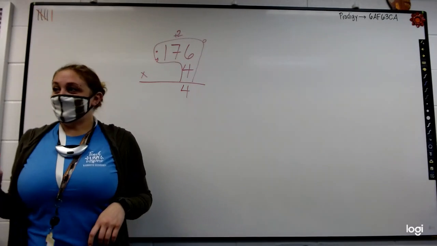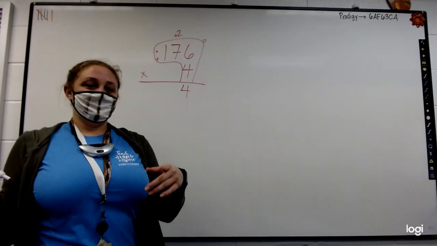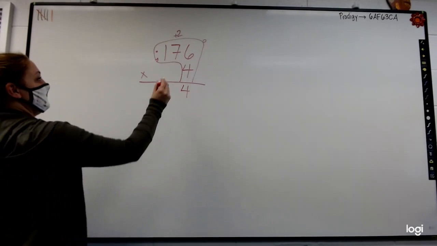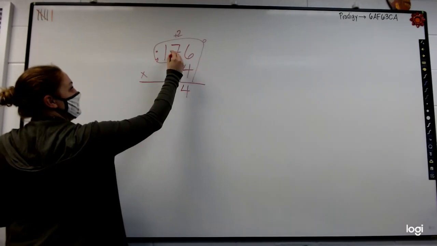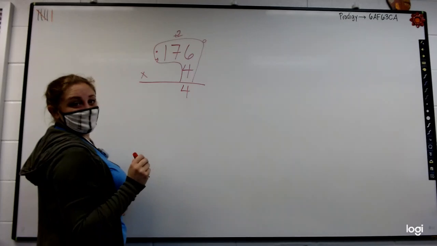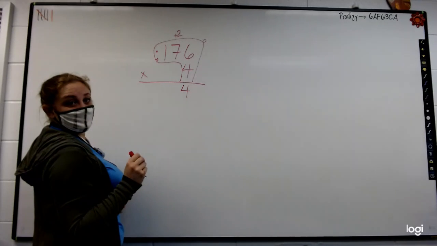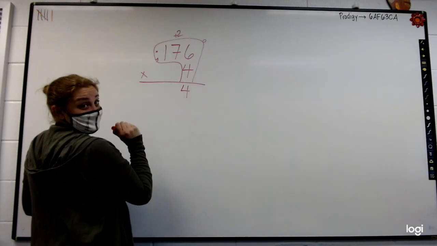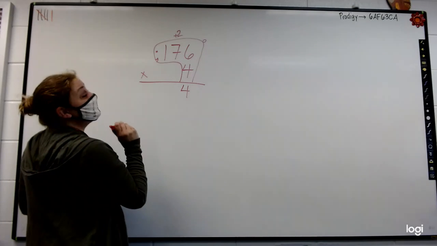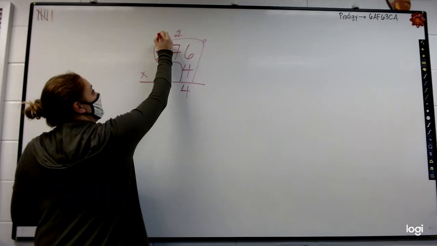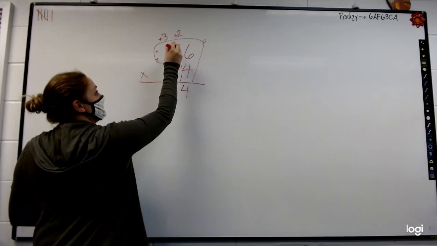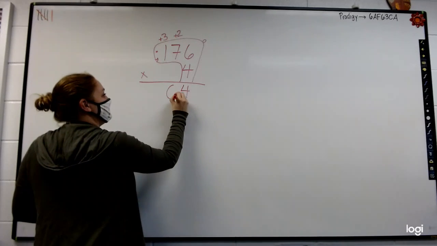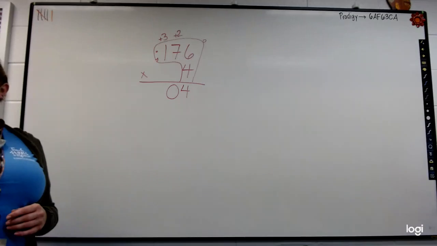All right. Now what? Chloe? 7 times 4. Yep, back to the number in the neck. 4 times 7, what is that, Chloe? 28. 28 plus 2. 30. 30, good. So I put my 3 up here because I have another place value, and the 0 in the ones place down below.